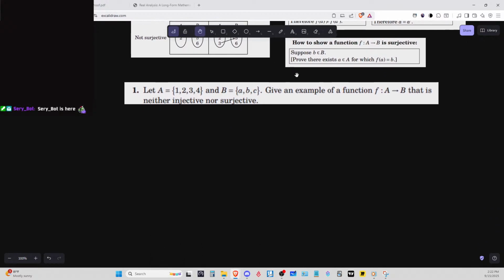All right, now let's do some problems. Let A be the set {1, 2, 3, 4}, and B equal to A. Give an example of a function that is neither injective nor surjective.